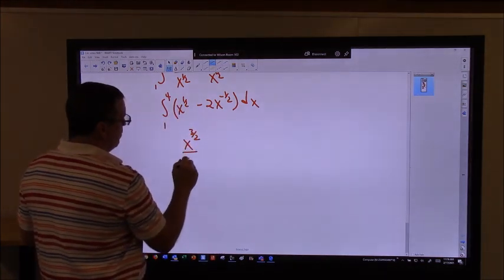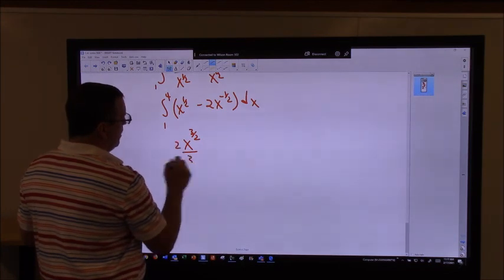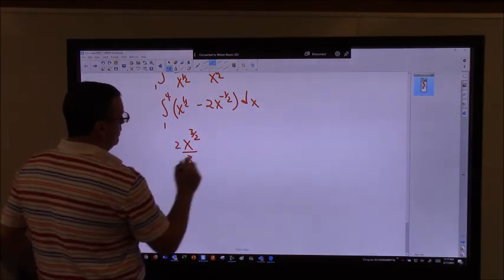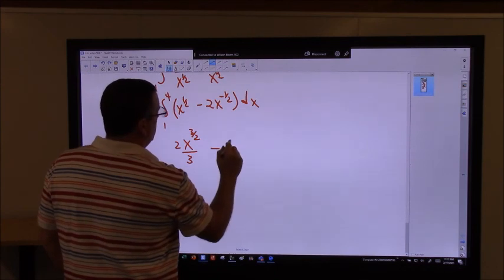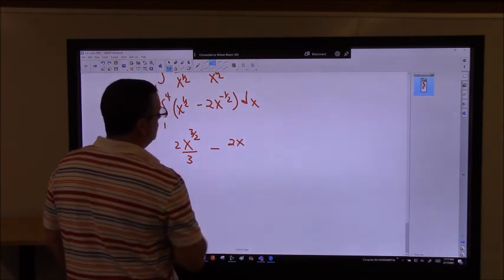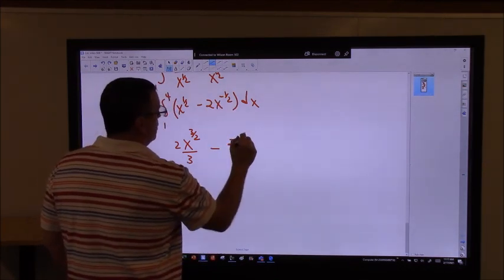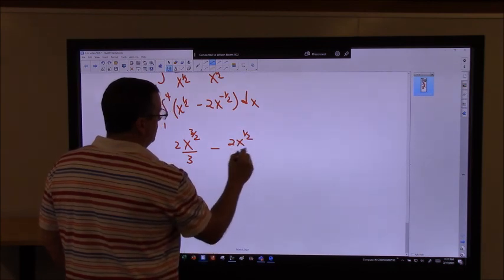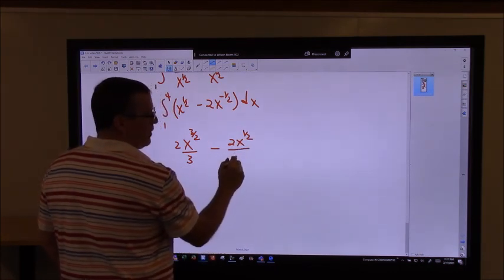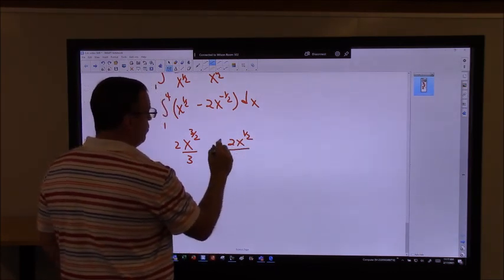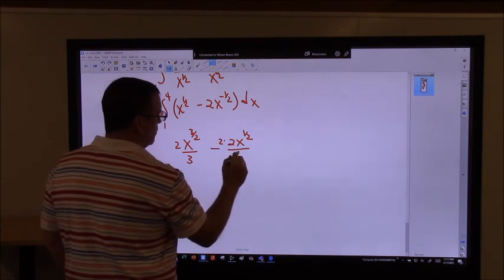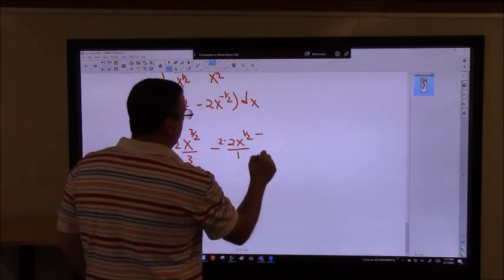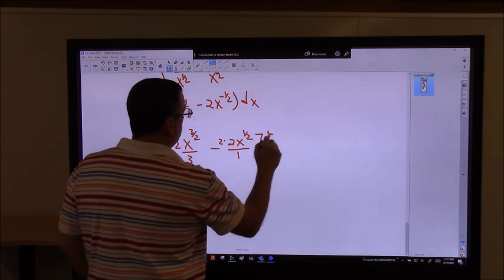If I divide by 3/2, I've got to flip it over and multiply by 2/3. Minus, I'll have 2x. Add 1 to that, you get to the 1/2. Divided by 1/2, that means I've got to flip it over and multiply by 2 over 1. And evaluate this from 1 to 4.